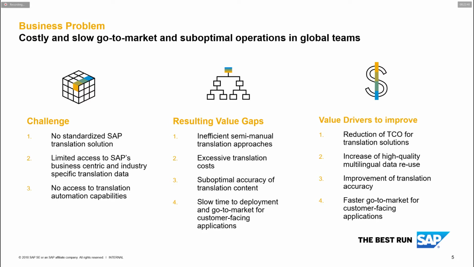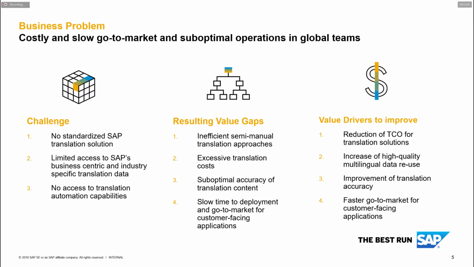So the value gaps on customer and partner side were inefficient semi-manual translation approaches, for example, using Excel downloads to roll in translations from translators and importing those back into systems, resulting, for example, in problems during the import.